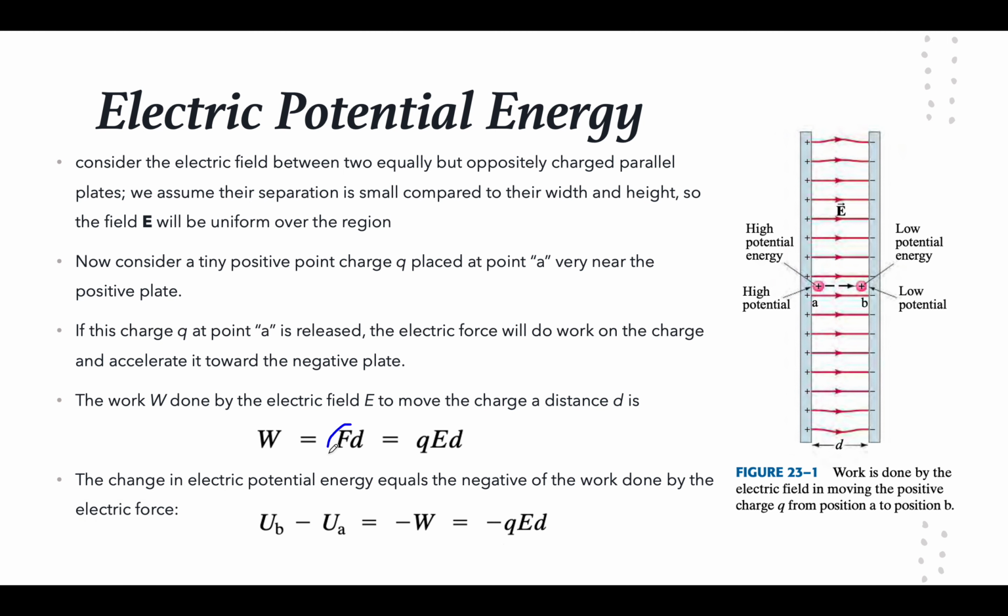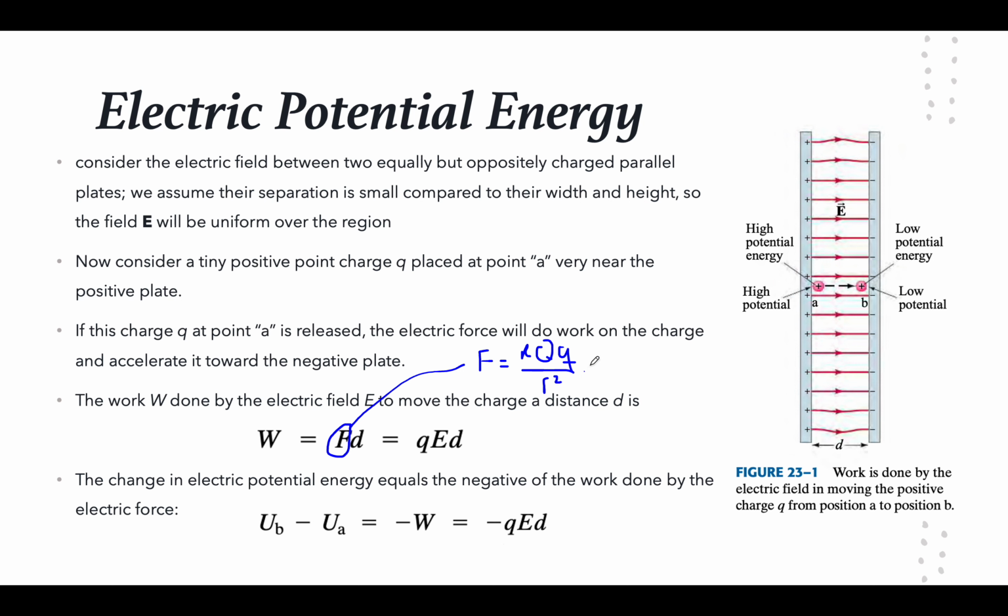Now, one thing we do have to keep in mind is that this force right here is the electric force. We can calculate the electric force as K Q1 Q2 over R squared.